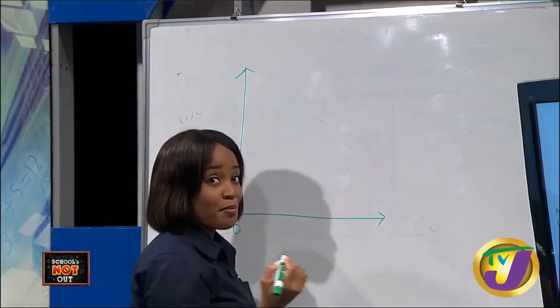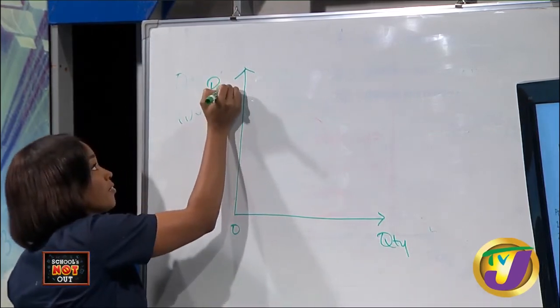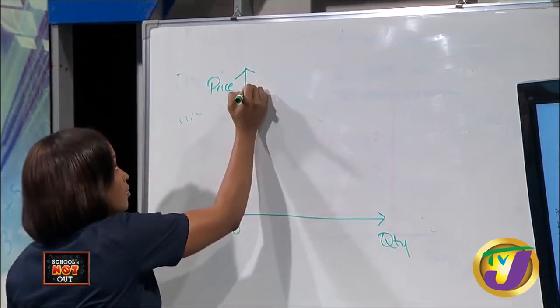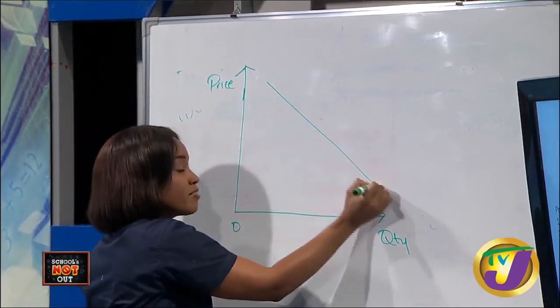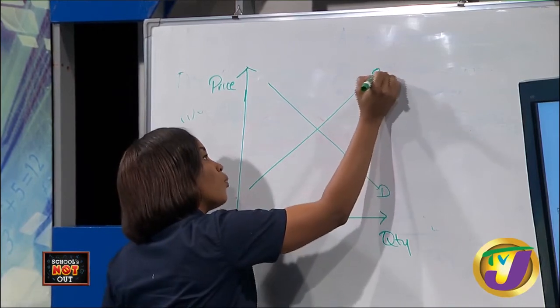And again, please remember to label your axis. Your demand curve slopes downward. Your supply curve slopes upwards.